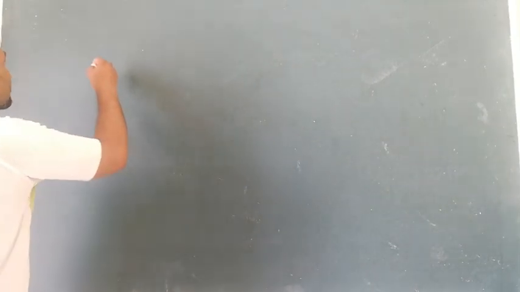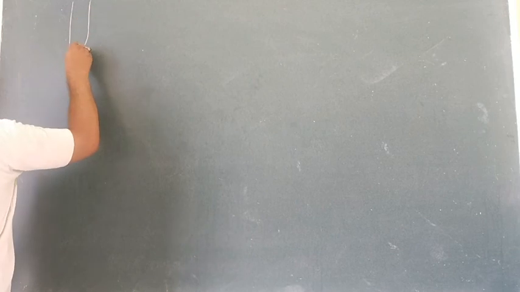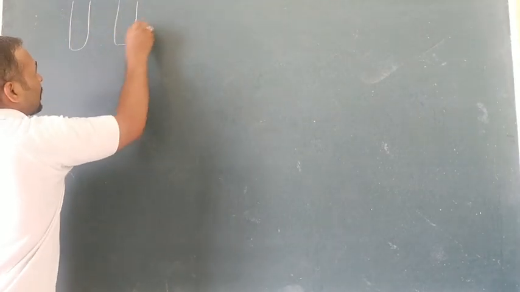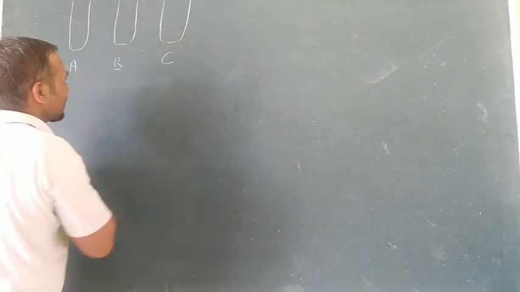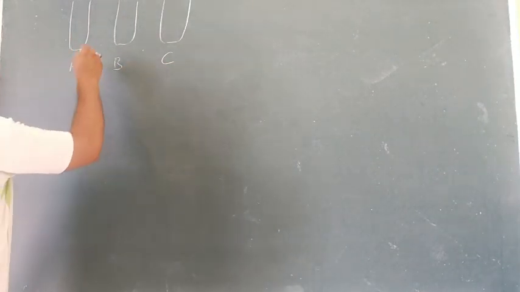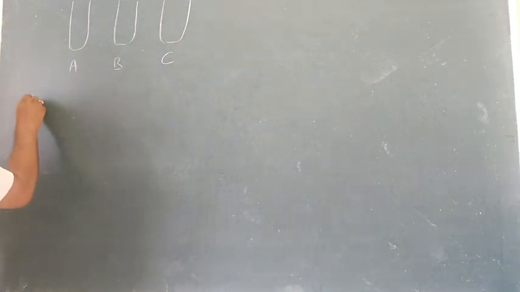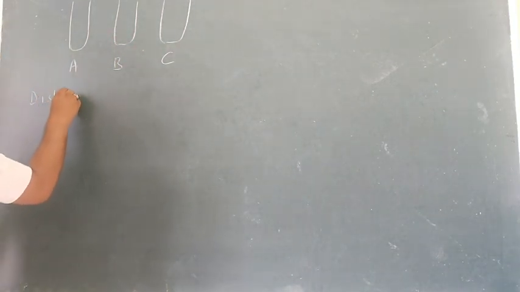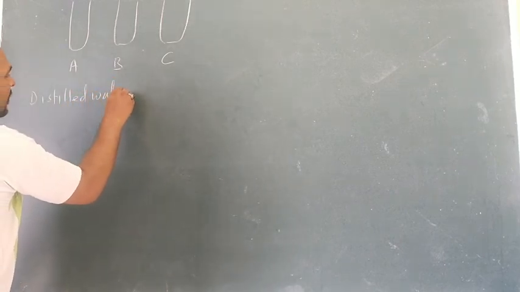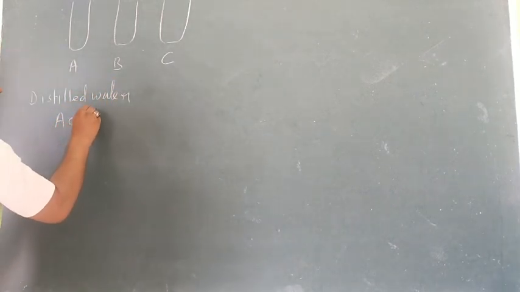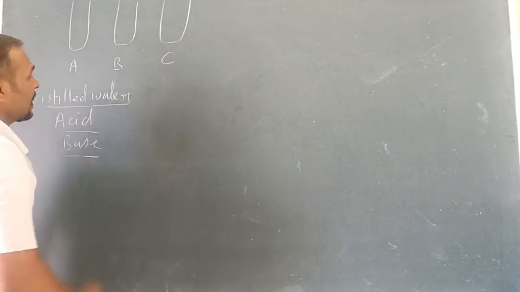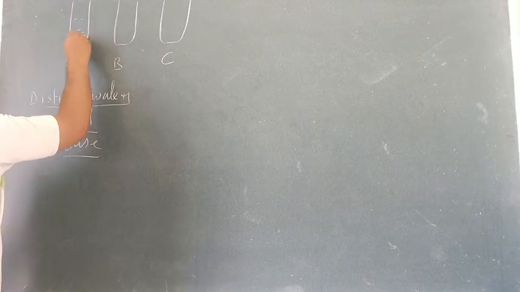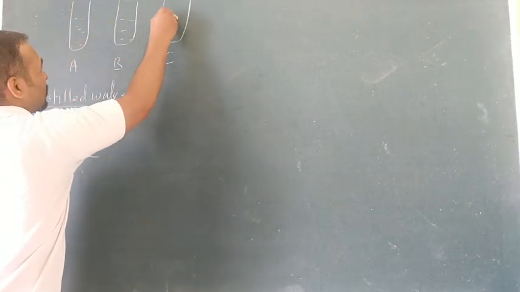Now there is one question in your textbook. You have been given 3 test tubes marked A, B and C. You have been given 3 substances: distilled water, acid and base. But you have not been told which test tube contains what kind of solution.